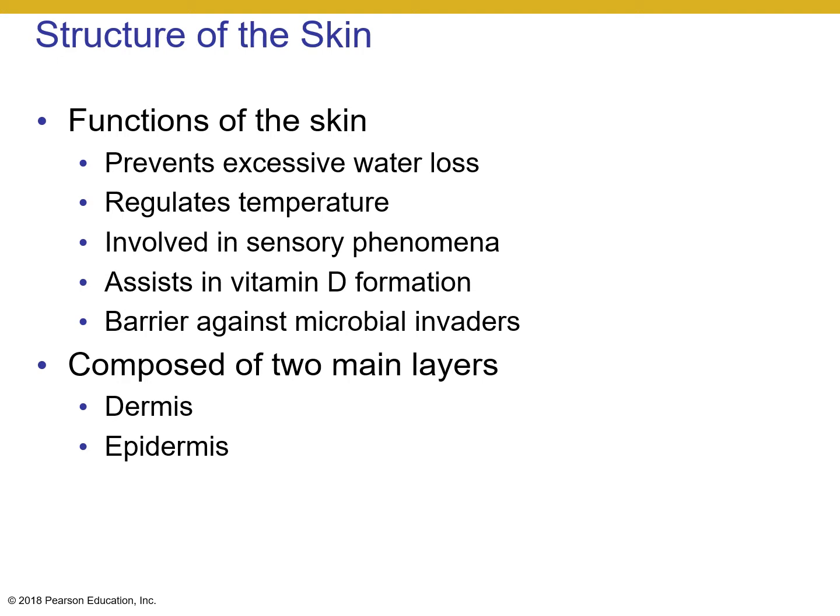It's very important, along with exposure to UV radiation from the sun, not a tanning bed, in the formation of vitamin D. And then, as we learned in our immunology studies, it is the first level of defense. It is a physical barrier and a chemical barrier to pathogens.